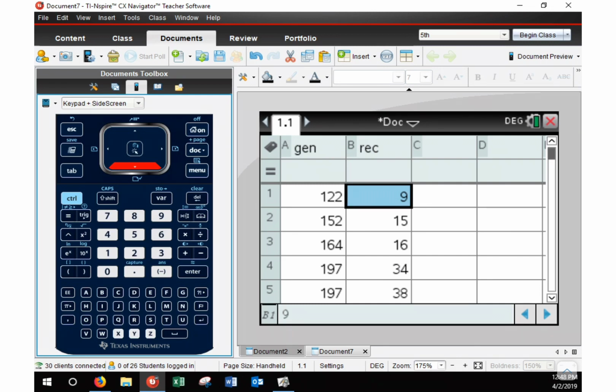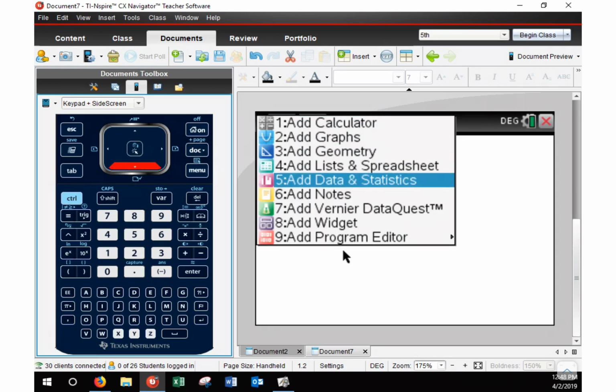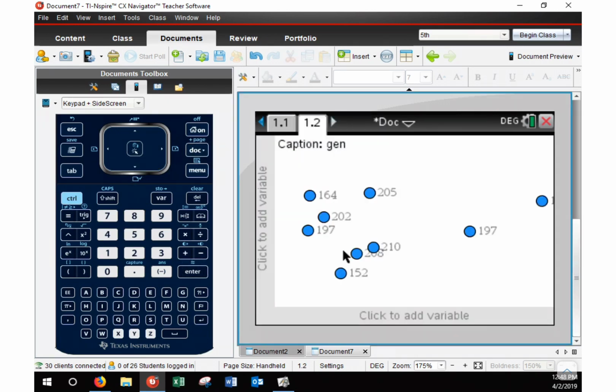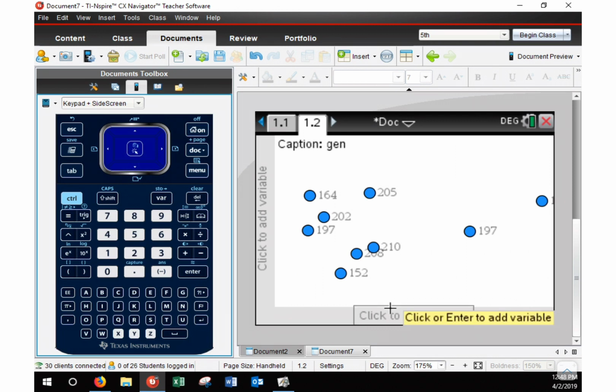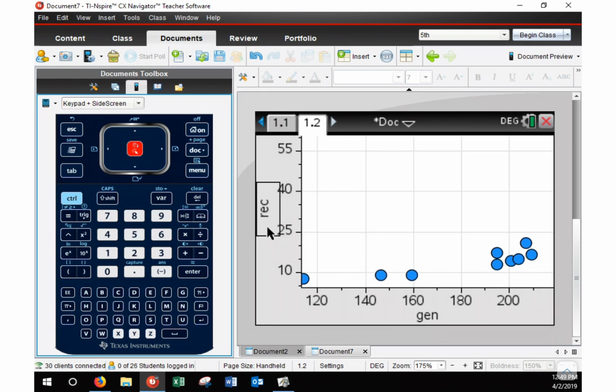Okay, so then we hit Control Doc, we add data and statistics, then we go down, click to add the variable, and we wanted generated as the x variable, and then we wanted to see recycled here. And so there's kind of the look of our graph.